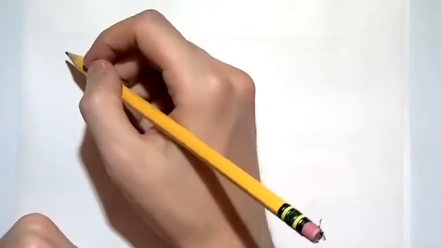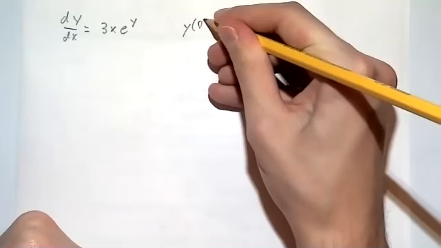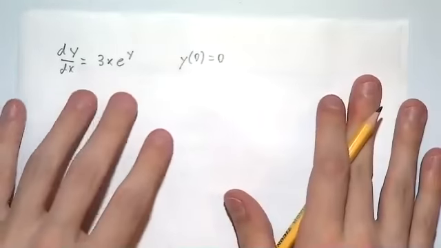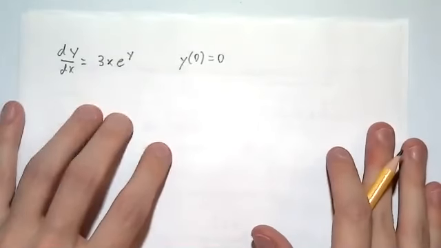Either way works. All right, it's dy/dx equals 3x e to the y, where y of 0 equals 0. Okay, so this has an initial condition, so we can do that too then. All right.